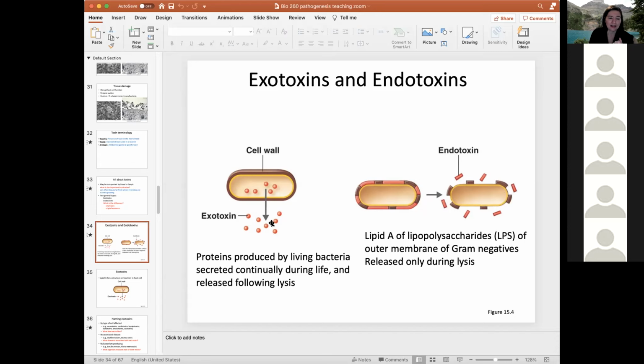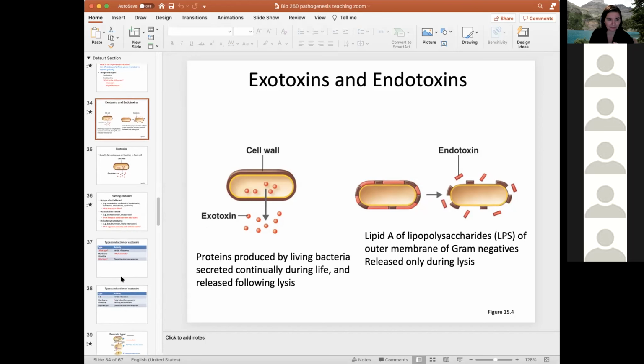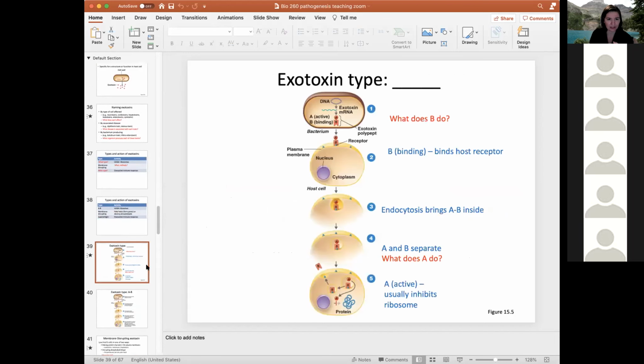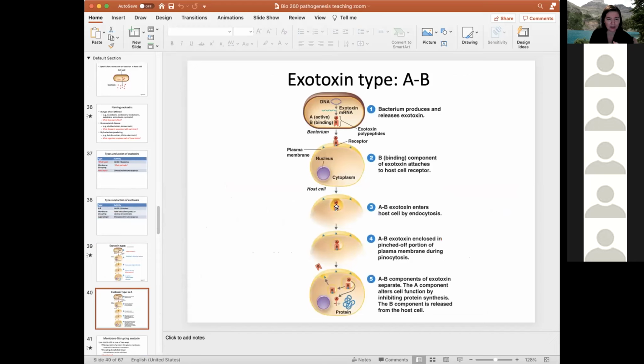All right, now exotoxins are proteins made by bacteria that are secreted, and they go off and do various things. There are three types: the AB type, the membrane disrupting type, and the superantigen type. So let's have a look at the AB type. The AB type has two pieces.